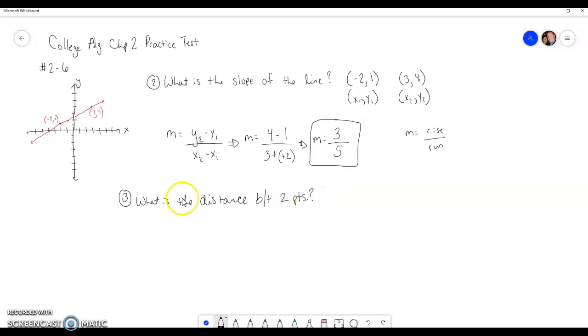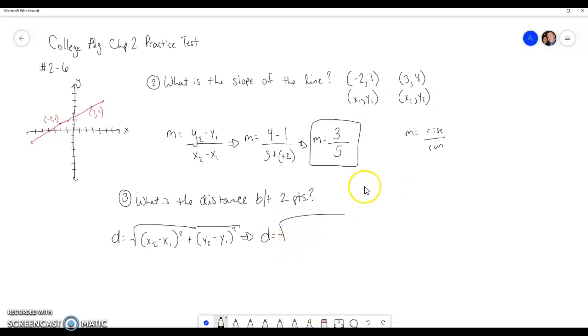Okay, so we have a distance formula. So the distance formula is that the distance is equal to the square root of x2 minus x1 squared plus y2 minus y1 squared.